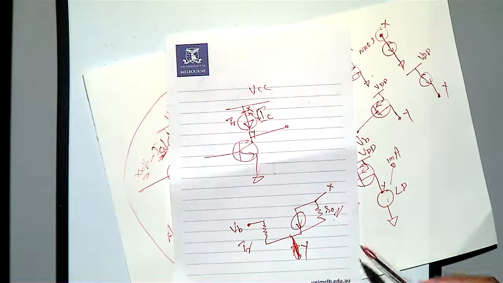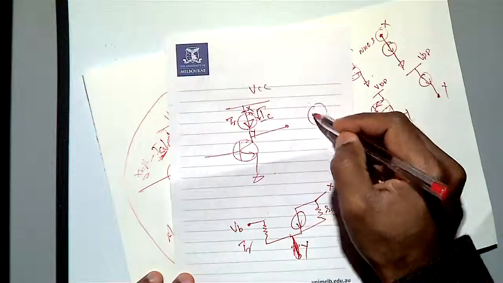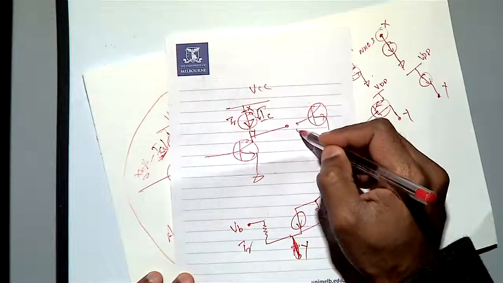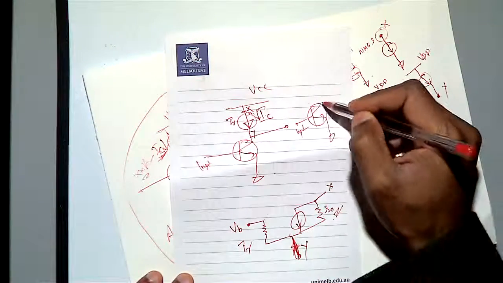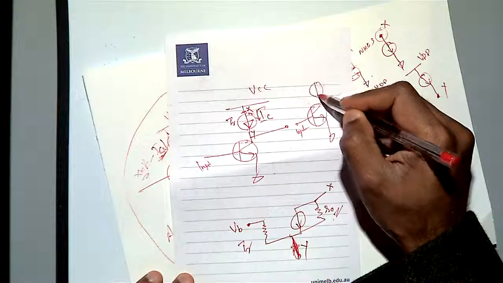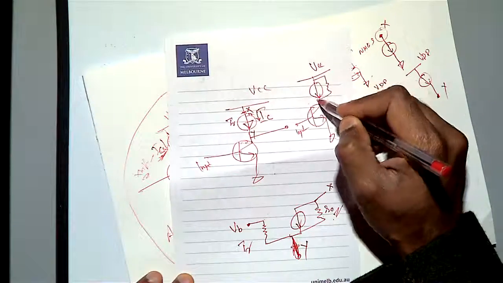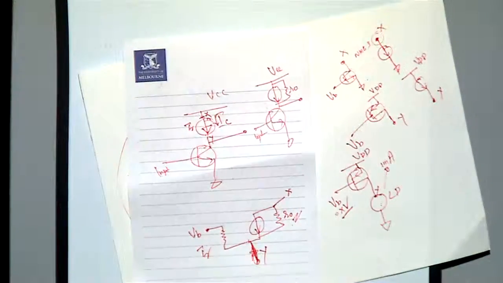When you have RO, this is equivalent to: you have your amplifier here, this is the input, this is the ground, and then you have a current source, which I have to represent like this. You know what I meant?